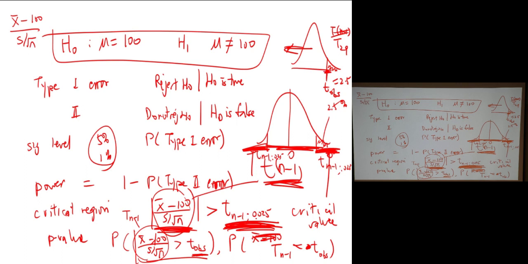Is this also considered as another? It's also considered as extreme. So what I'm trying to say is that we have to consider both sides, and then we take the minimum of the two.